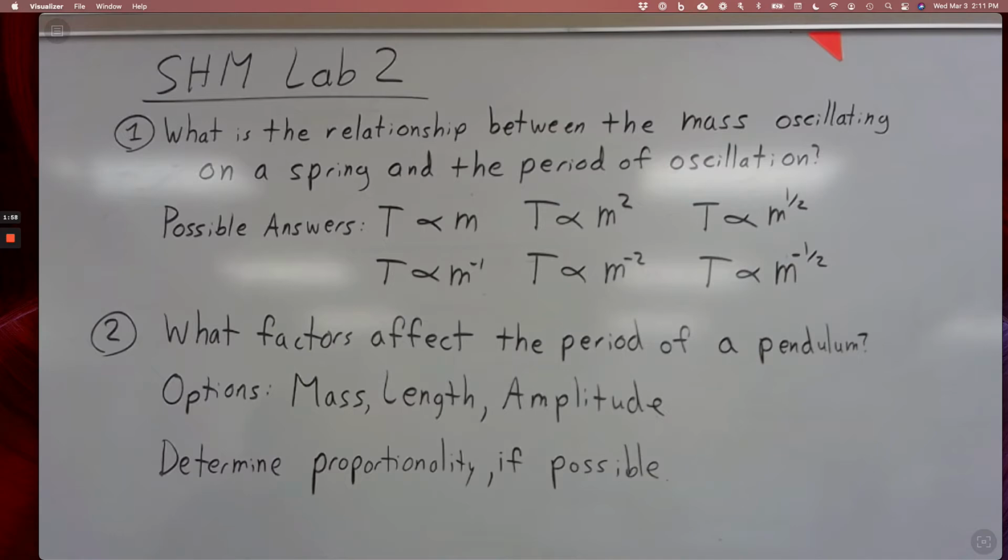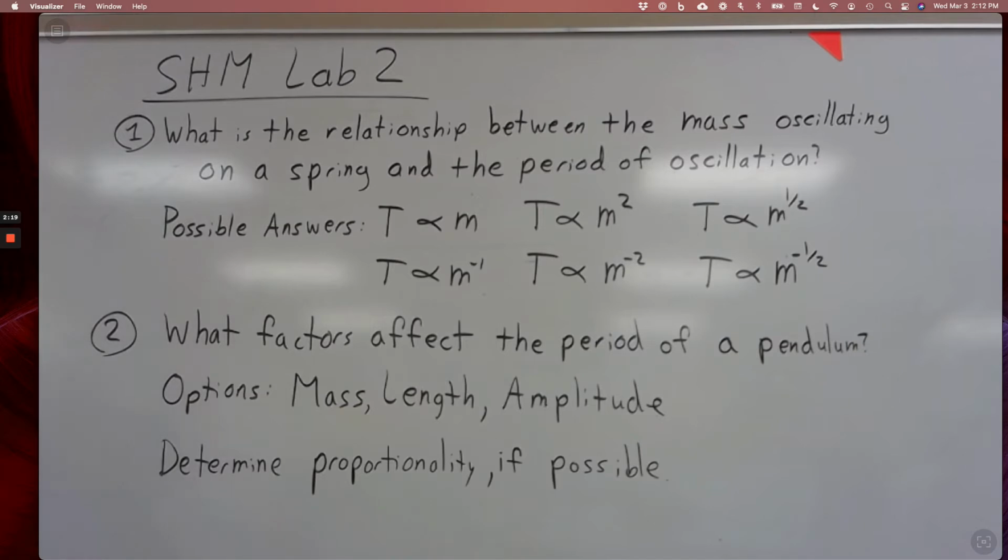So again, you can be creative and you can find other objects if you want to add data points, if you have a way to find their mass. If you are very careful with your Hooke's Law lab from before, you can actually weigh any object using your spring. Anyway, so you're finding the proportionality.